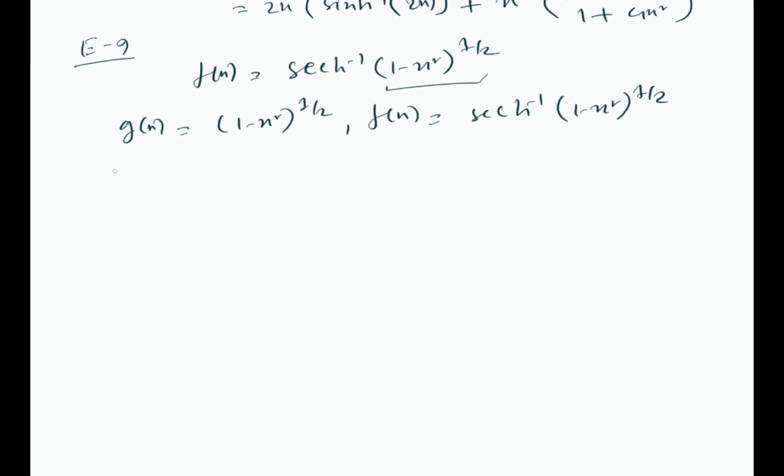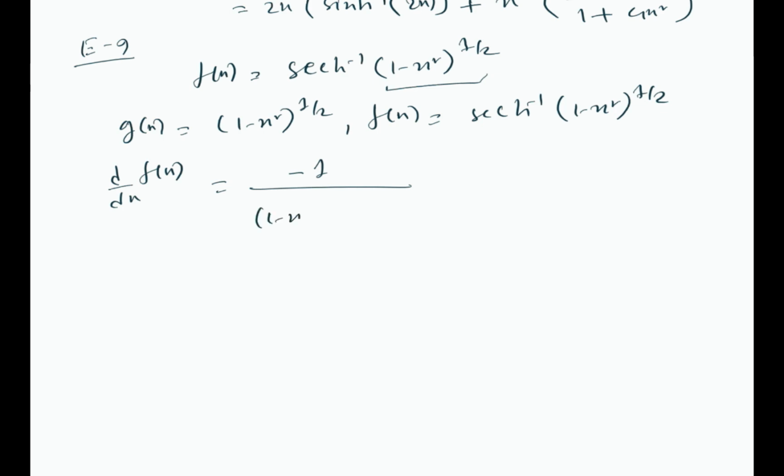Okay, so the derivative of f of x is equal to, first we need to differentiate the outer function, and according to the inverse hyperbolic differentiation rule, this would be minus 1 over first x.